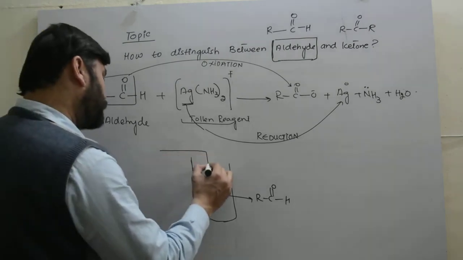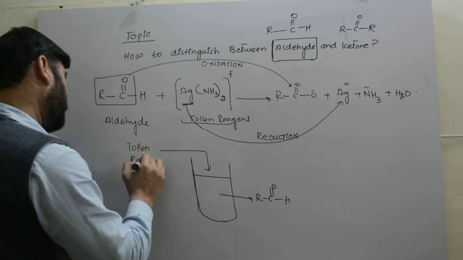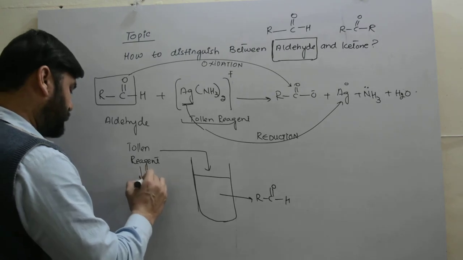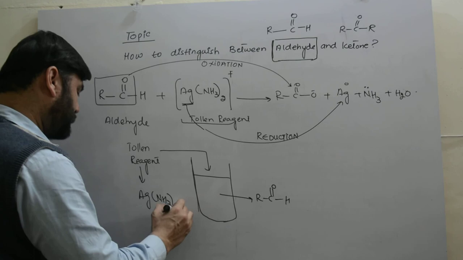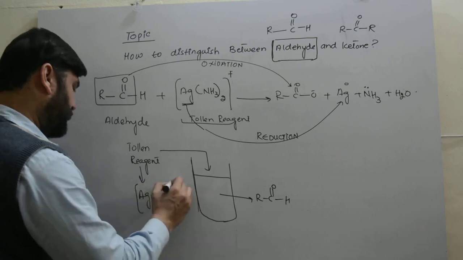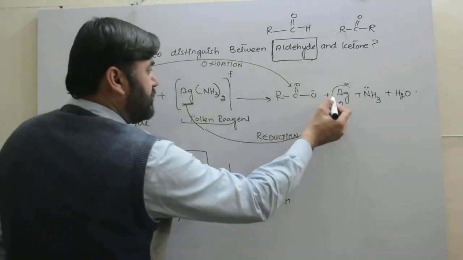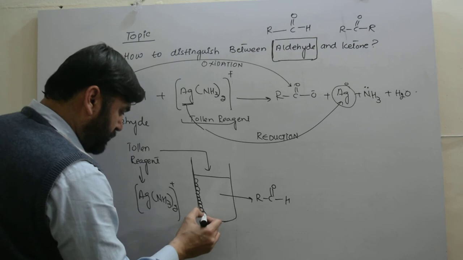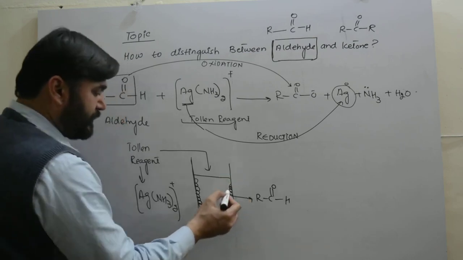When we just add Tollens' reagent, and if you don't know what it is, just write the formula Ag(NH3)2 plus, the Ag will form a layer on the inner surface of the beaker.